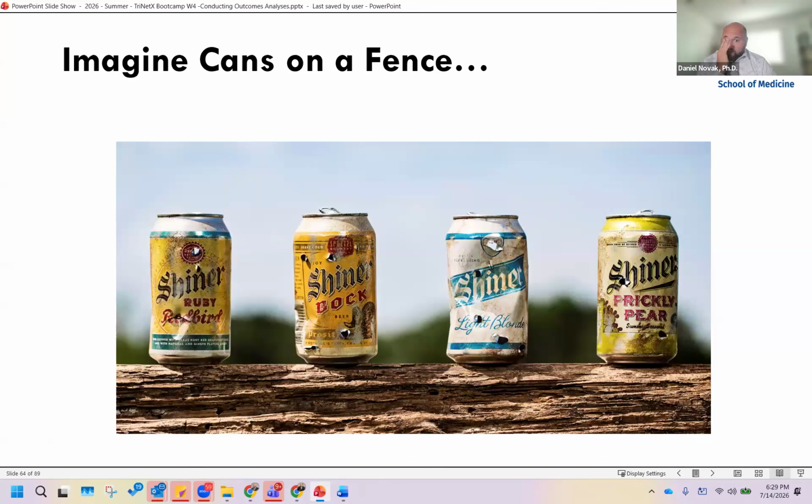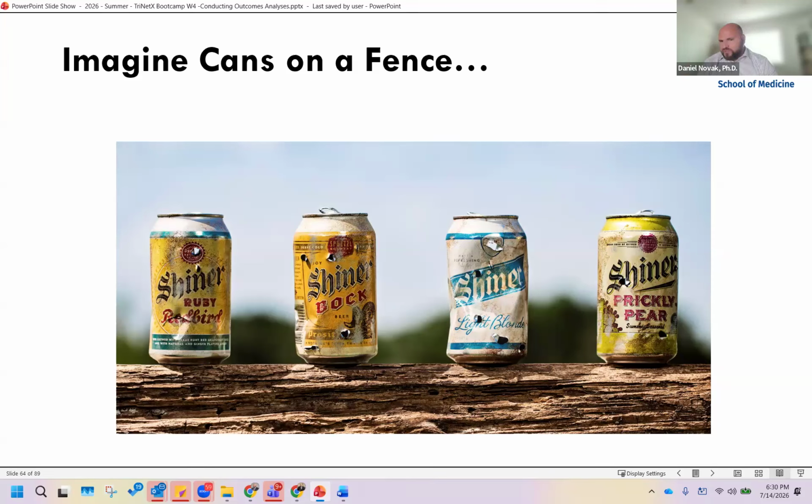Just to help make this a little more concrete for folks that might have difficulty with this, imagine I gave you five rocks, and I told you to throw those rocks at these cans. And if you knocked out four rocks out of there, that means you have a 0% survival, right? That the event, getting hit with a rock, occurred within five rocks for 100% of your can cohort.